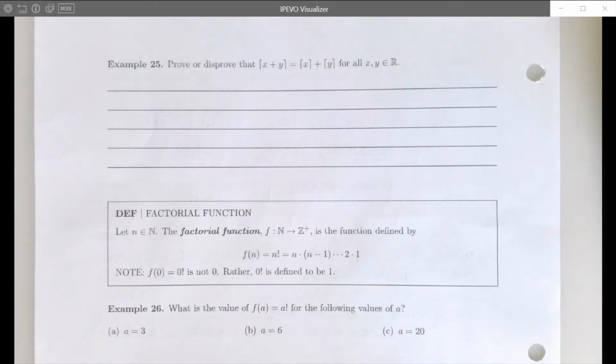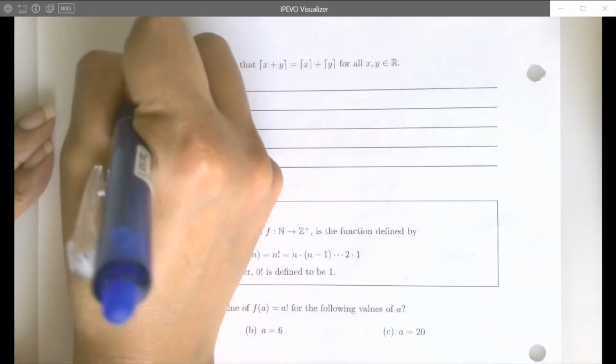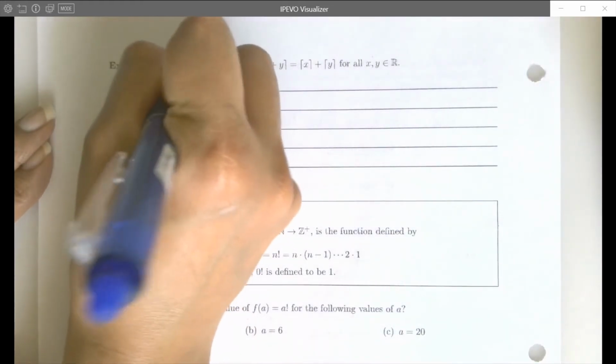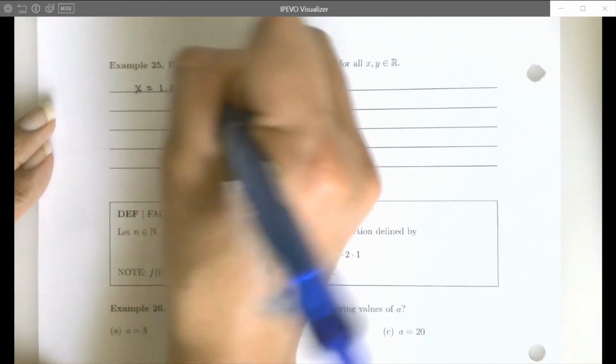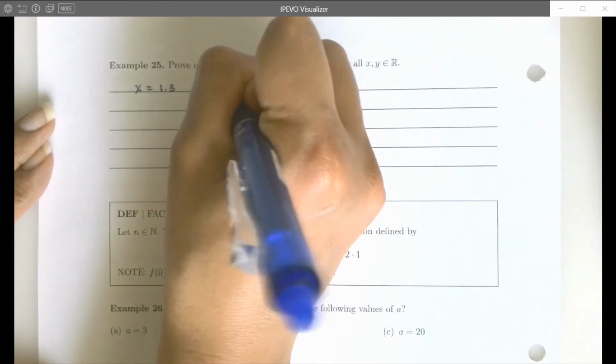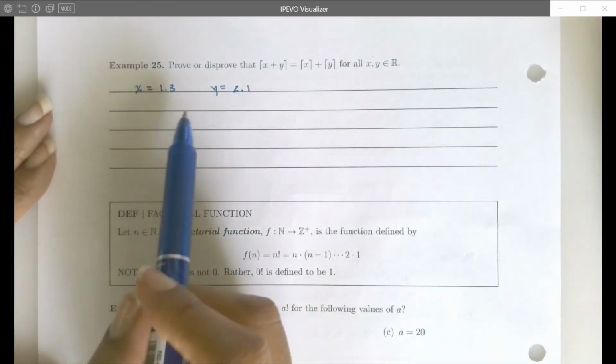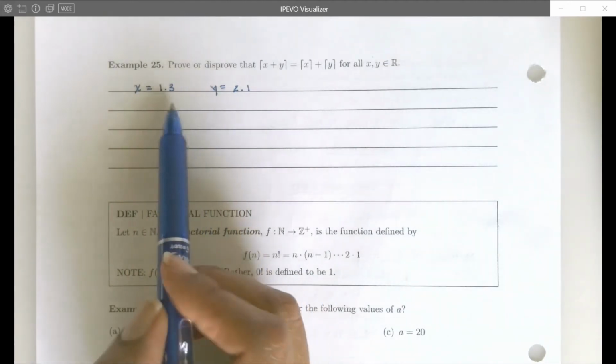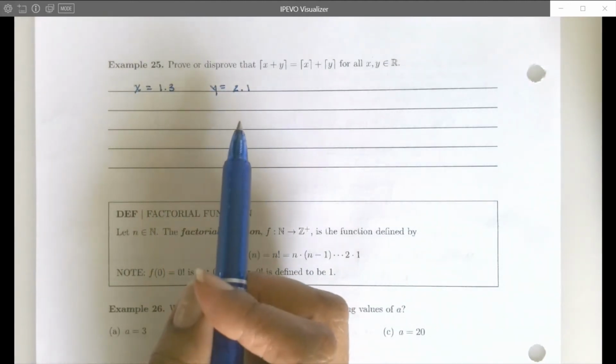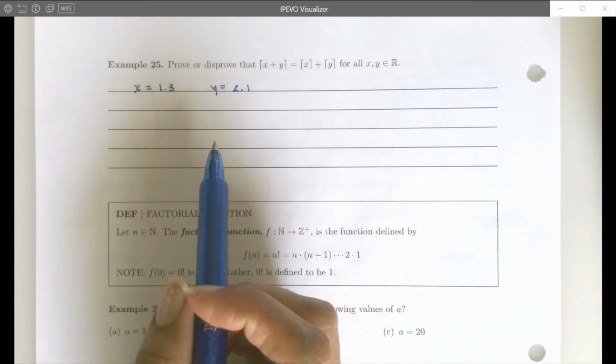So here's what I mean by that. Let's suppose that we choose x is equal to 1.3 and y is equal to, say, 2.1. When we take the sum of these, the decimal parts are not going to go on to the next integer. They're going to stay at something that is less than 1.0.